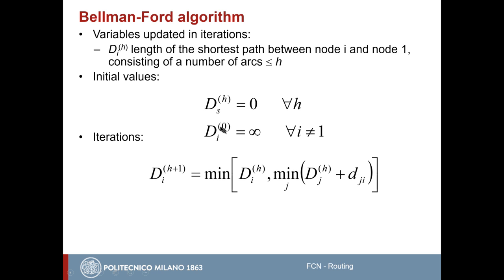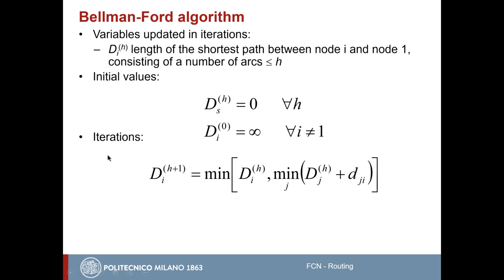Then we set all the variables of all the other nodes to infinity. h not only has the meaning of the boundary of the topology discovery horizon, but it also numbers the iterations of this algorithm.